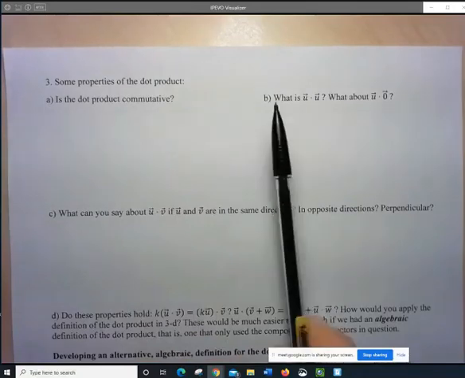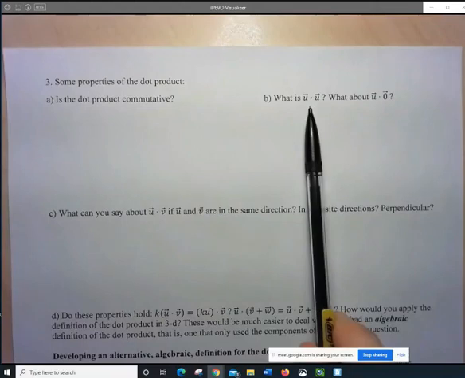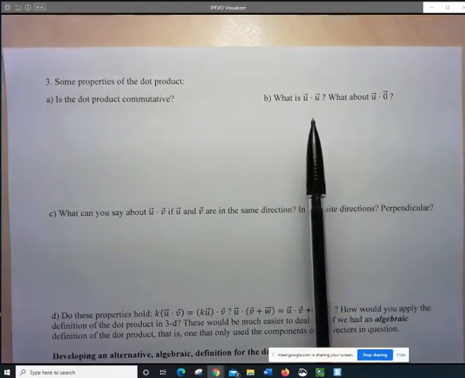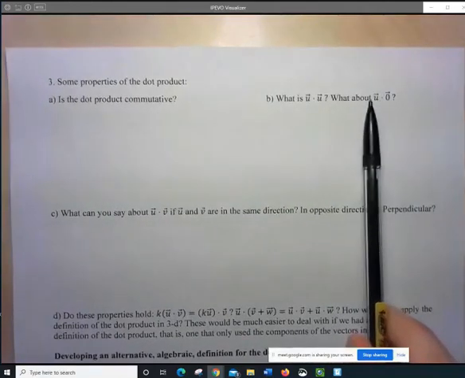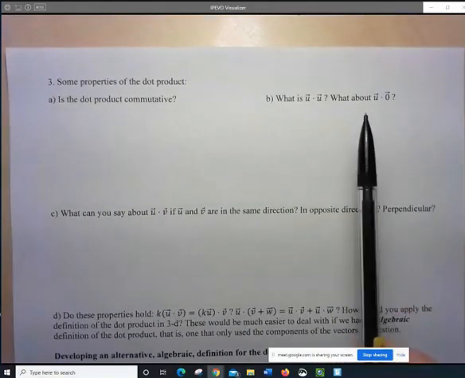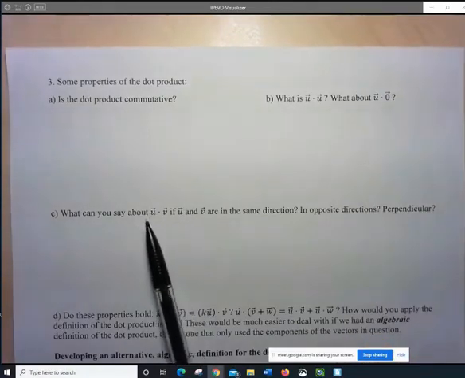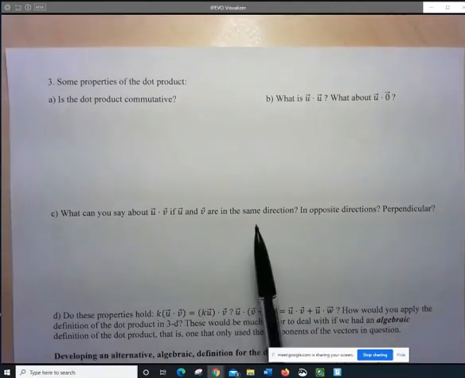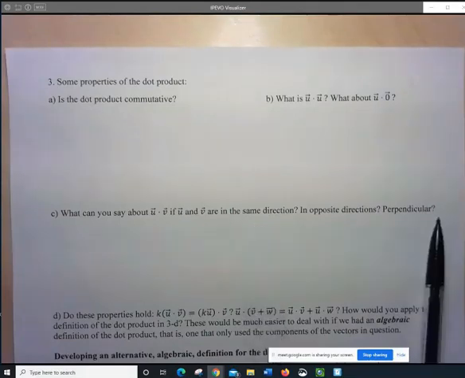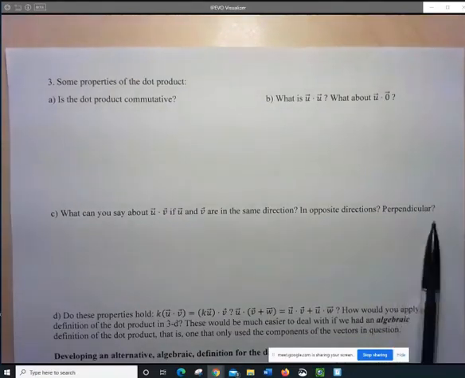What does it mean to take the dot product of a vector times itself? Okay, in the same way that we think of multiplying a number by itself. Okay, what does it mean to take the dot product of a vector with, you know, the vector 0? Okay, and what happens when u and v have some nice similar characteristics when they're in the same direction, opposite direction? Okay, this is going to be an interesting one. What about when the vectors are perpendicular?